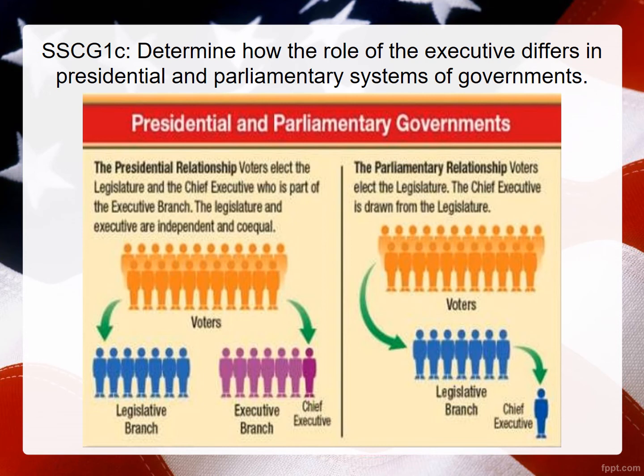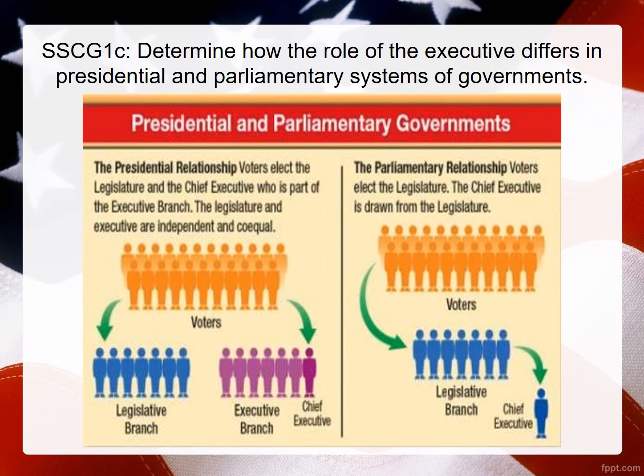The candidate who wins the majority of the popular vote in a particular state will then be given the electors of that state. And whichever presidential candidate reaches 270 electoral votes is then elected president of the United States. But the important thing to remember here is that in a presidential style of government, the president is chosen by the voters.